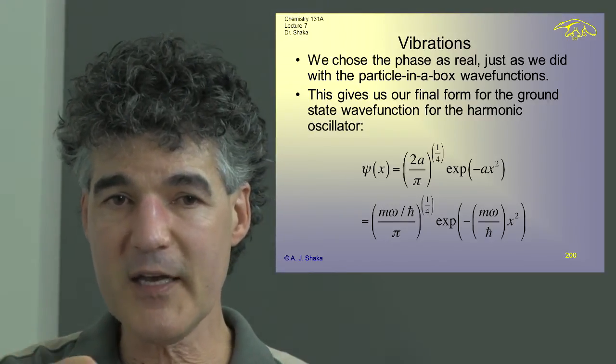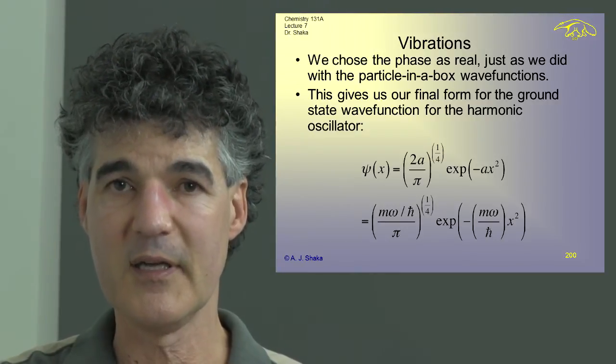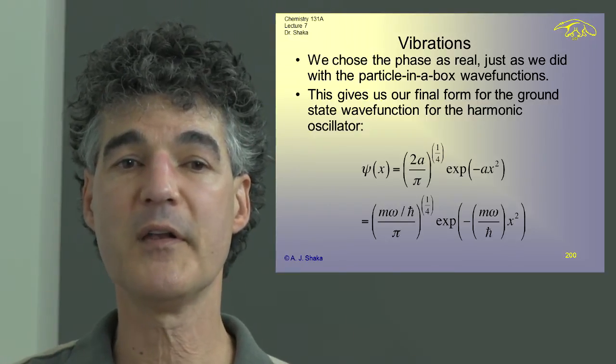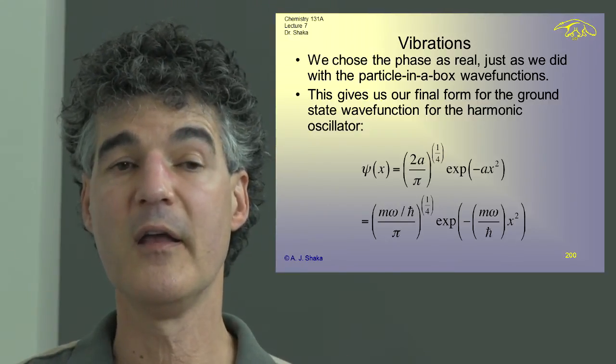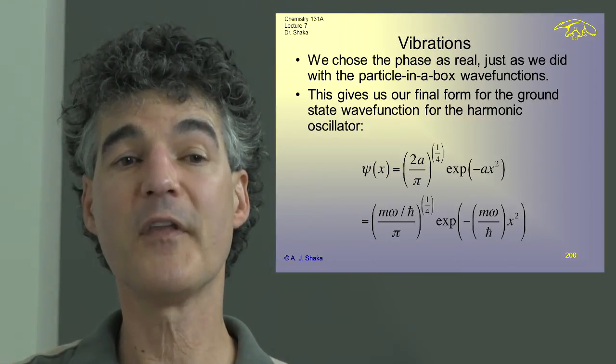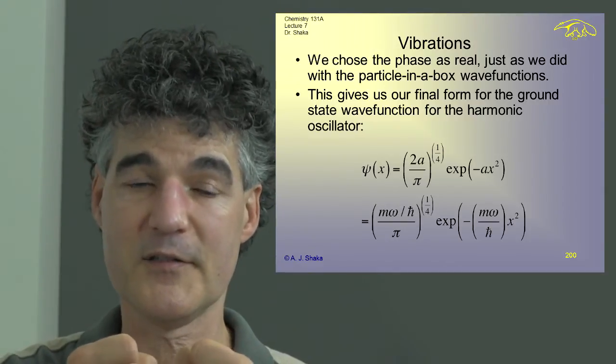And the chance of finding it right at the equilibrium position is not likely. If you just grab it at some point and measure its distance apart, it's much more likely to be either fully stretched, because it has to turn around there, that's why it's called the turning point, or fully compressed.